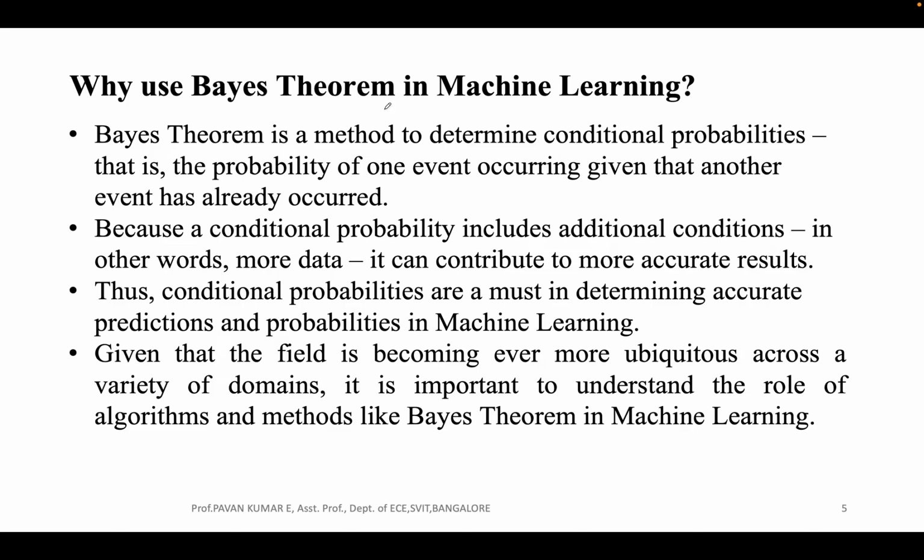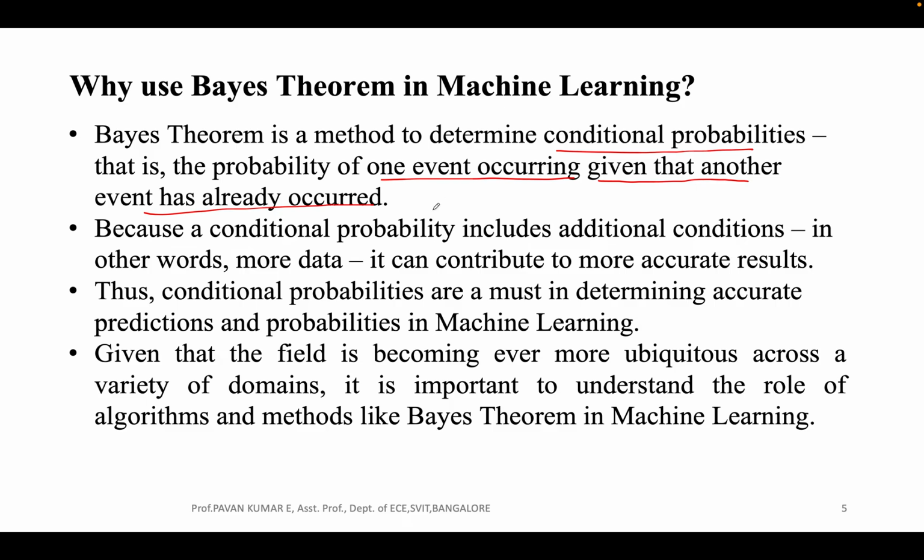The next topic: why use Bayes theorem in machine learning? The Bayes theorem is a method to determine conditional probabilities, that is, the probability of an event occurring given that another event has already occurred. This is the concept they are going to use, because a conditional probability includes additional conditions, in other words, more data.